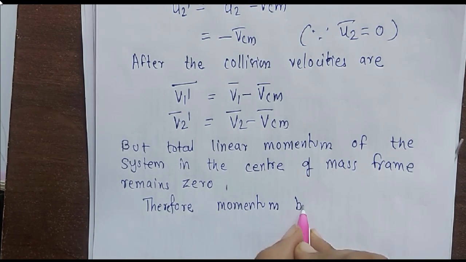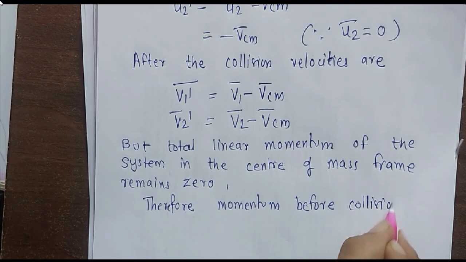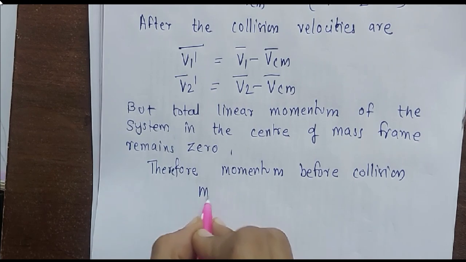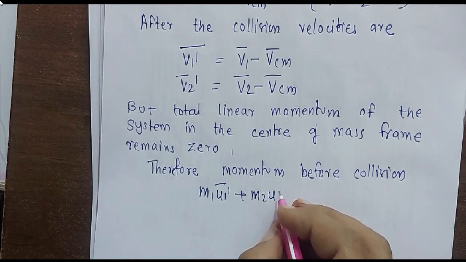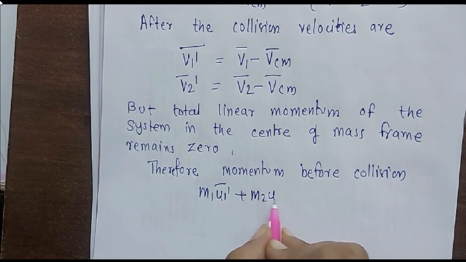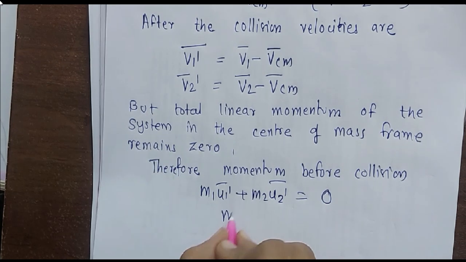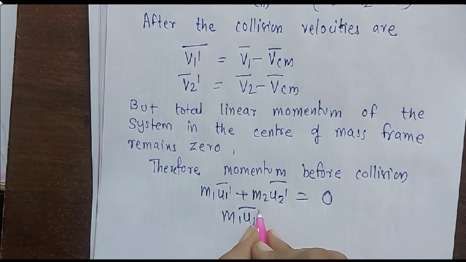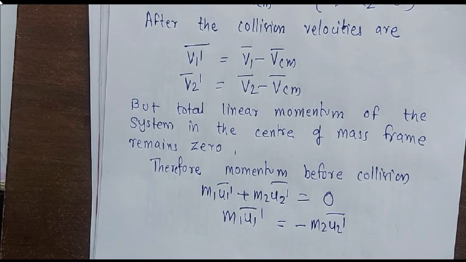Therefore, momentum before collision, that is mass into velocity of first particle plus mass into velocity of the second particle, is equal to 0. From this we can conclude that m1 u1 dash is equal to minus m2 u2 dash.